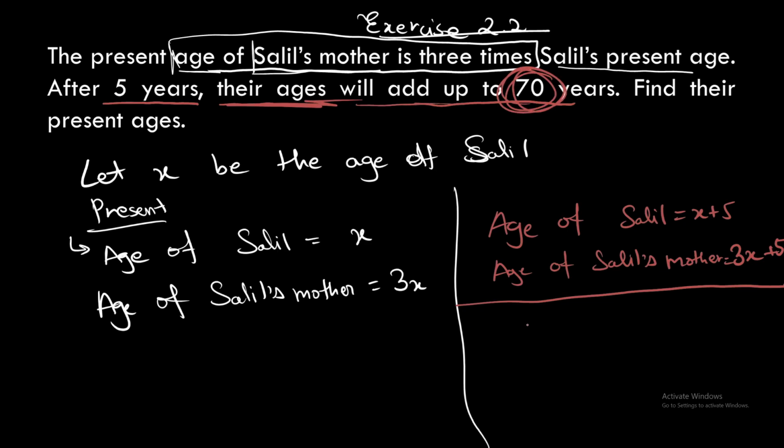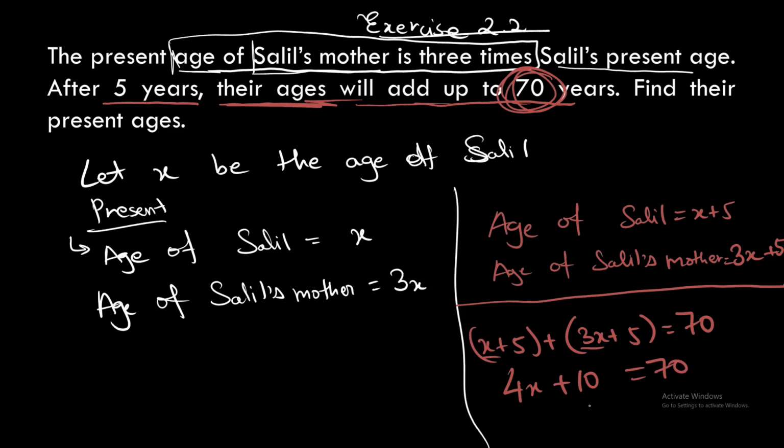So we can clearly write x plus 5 plus 3x plus 5 is equal to 70. Now we can add the like terms to get 4x plus 10 is equal to 70.